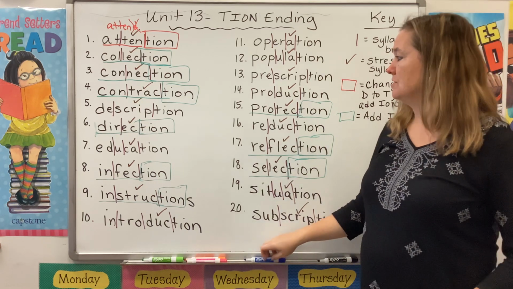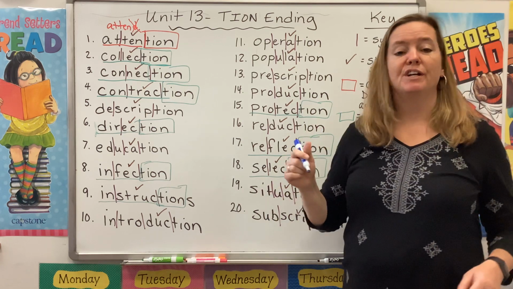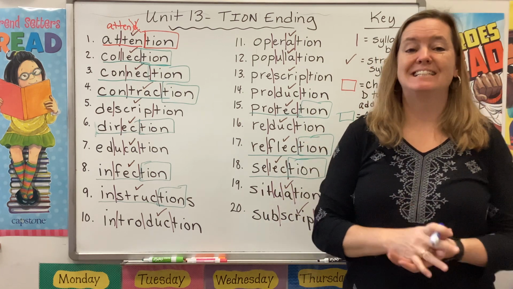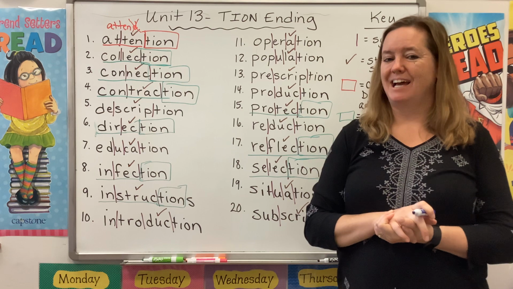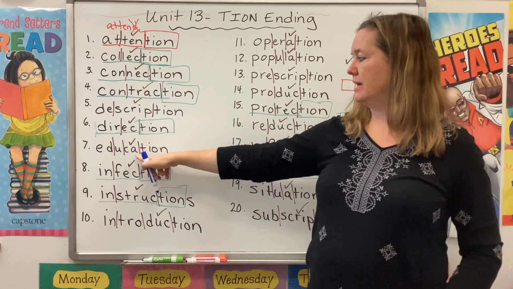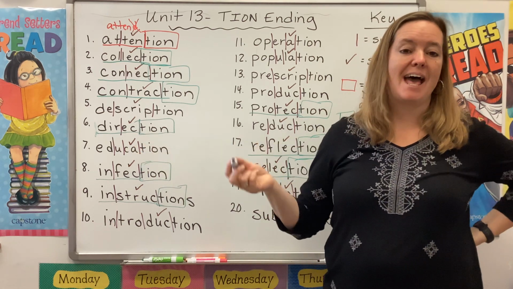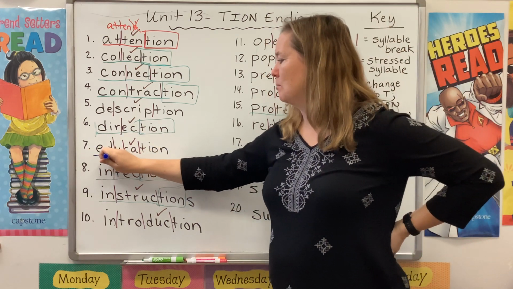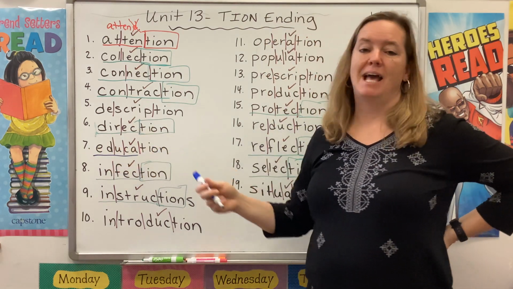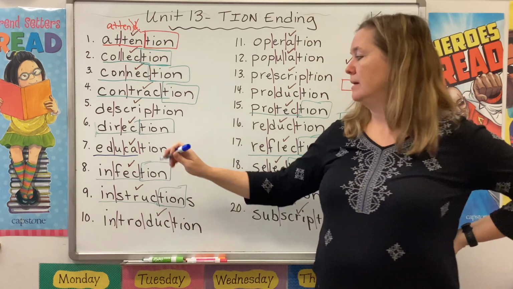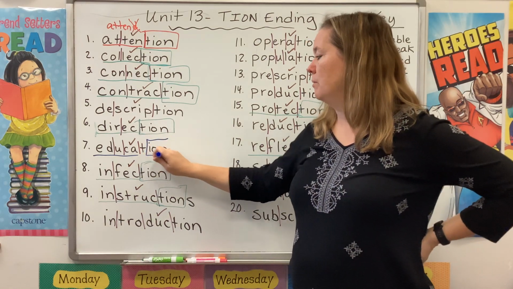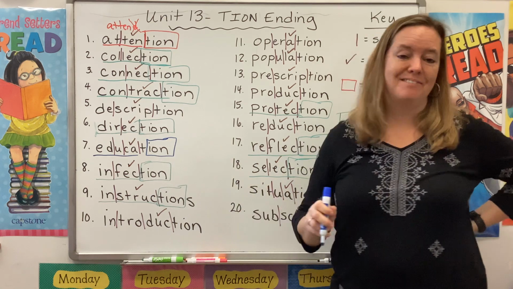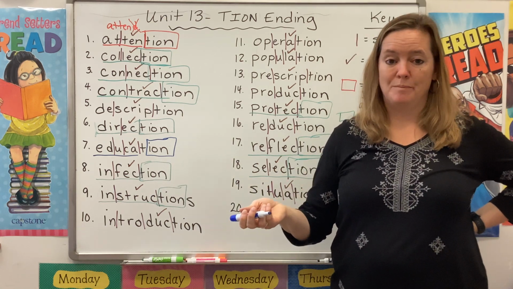What happens though if your word ends with a T sound but a silent E? So for instance, look at number 7 here. Educate, right? If you educate someone, you give them an education. But what do we know about suffixes that end with a vowel?